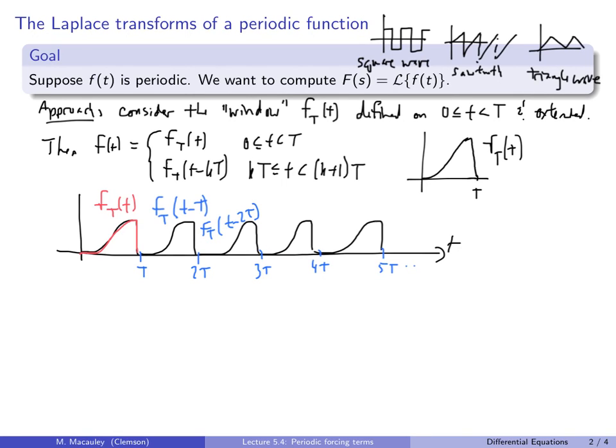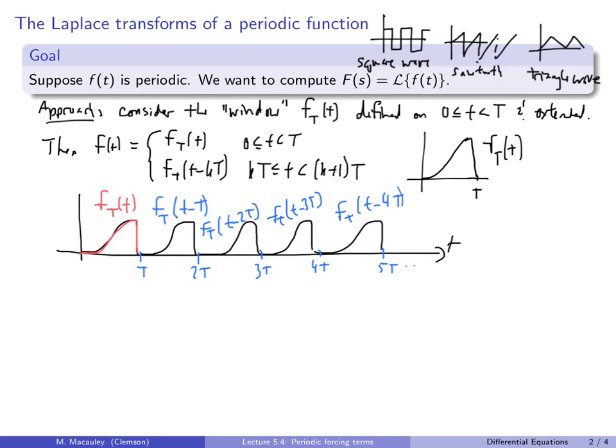This thing here is shifted by 3T, so f sub T of t minus 3T. Oh, that should be big T. And this thing is f sub T of t minus 4T. See what I'm doing? Each one of these shifted translates is written as f sub T of t minus kT. So this looks complicated, but all this is describing is that in the kth window, say the fourth window, this is the formula for what that function is.